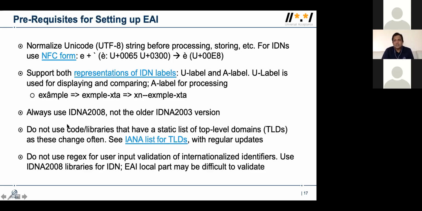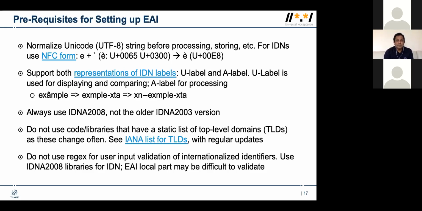Now, I was earlier slightly mentioning a standard. Since internationalized domain names were introduced, there have been a couple of standards. The first standard came in 2003, and that is called IDNA. IDNA stands for Internationalized Domain Names for Applications, the 2003 standard.